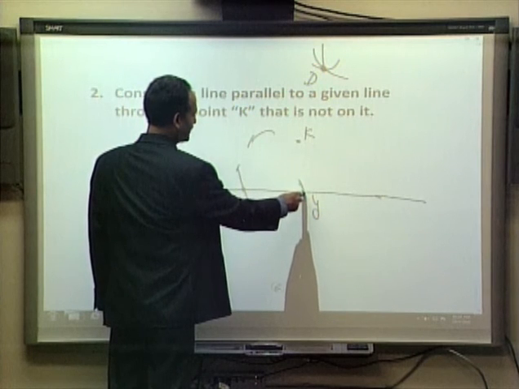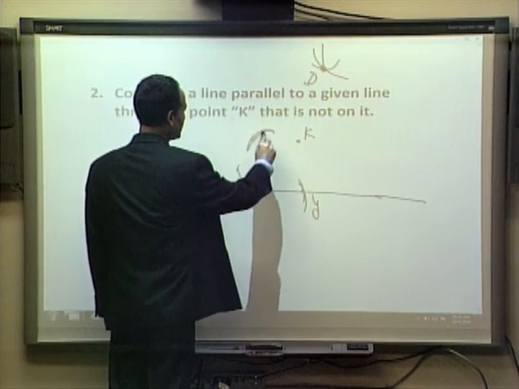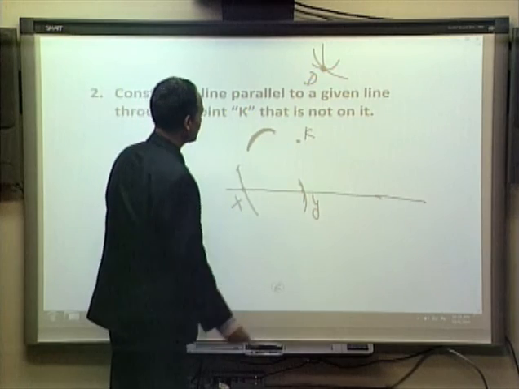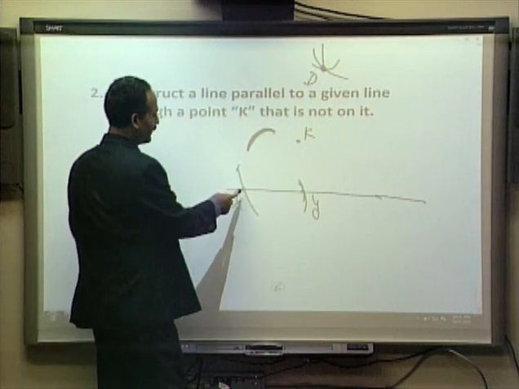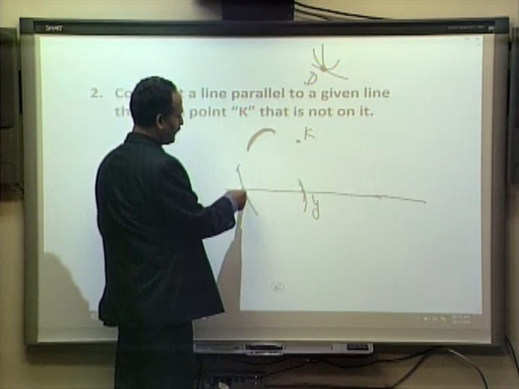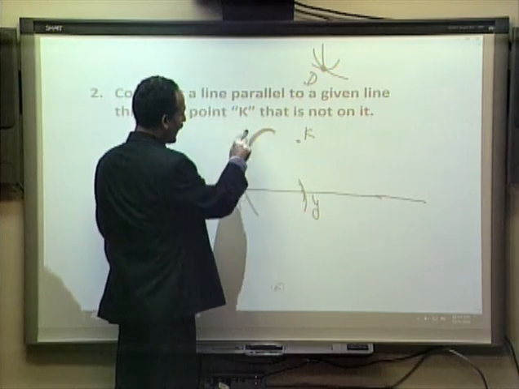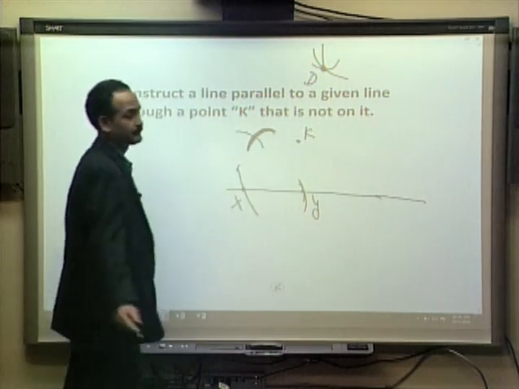One end of the compass is at Y and the arc using the pencil end is here. Now, with the same opening we will put one end of the compass at K and cut this arc this way.